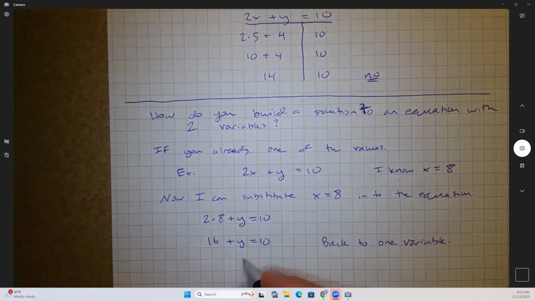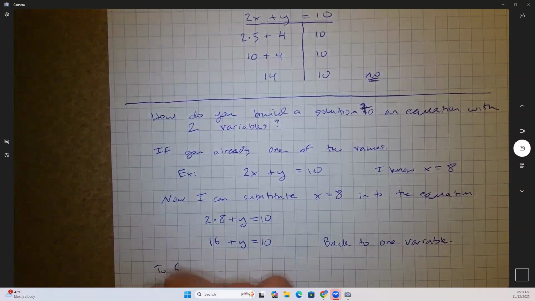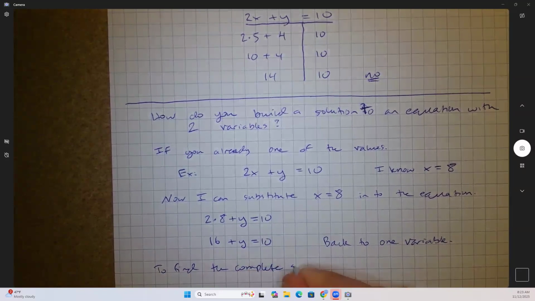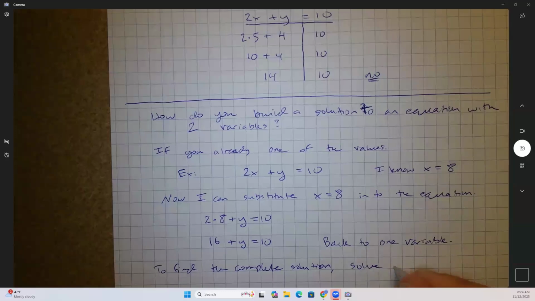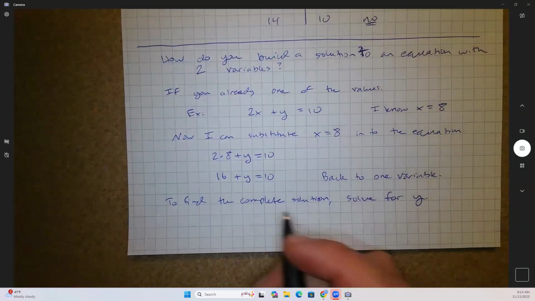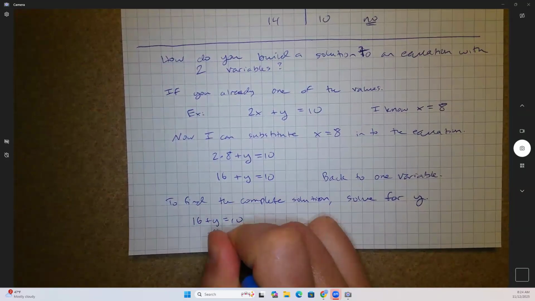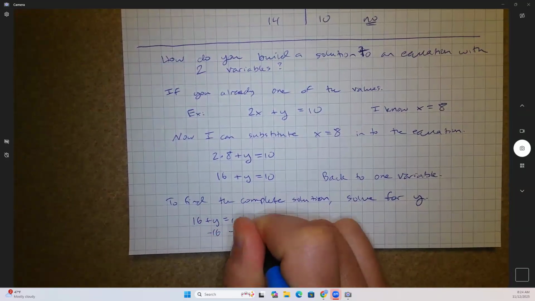And so all I have to do to find the complete solution is solve for y. So I take 16 plus y equals 10, and I subtract 16 from both sides.